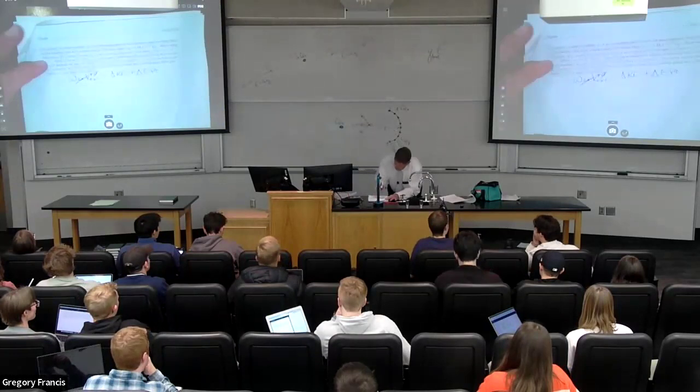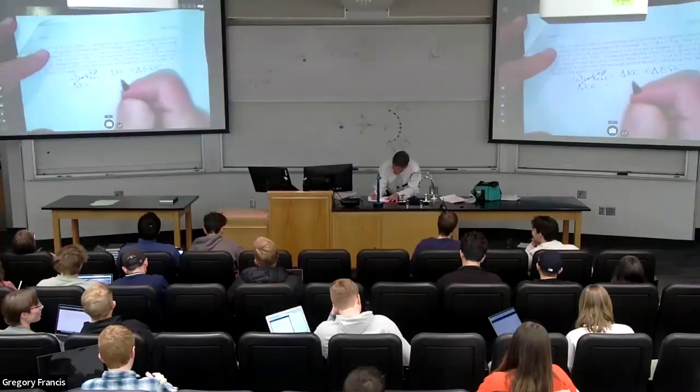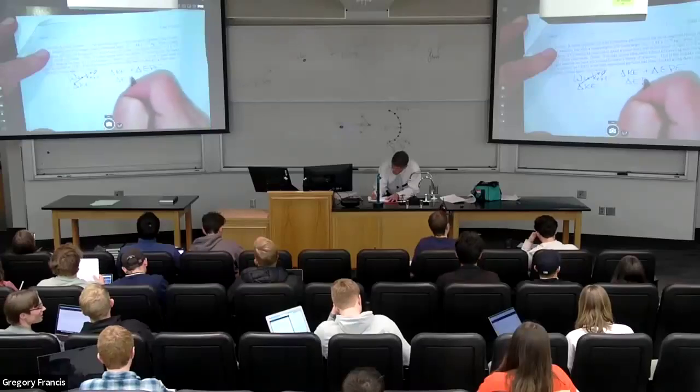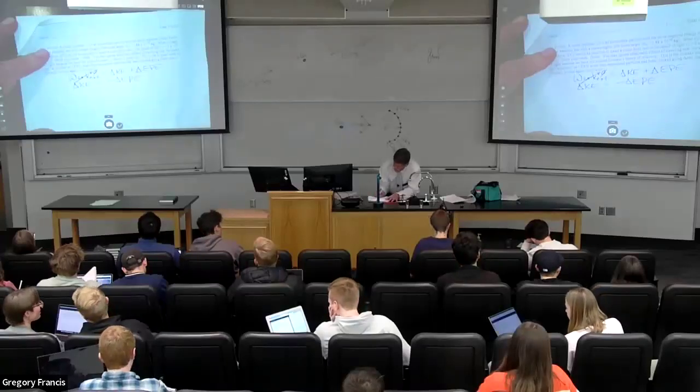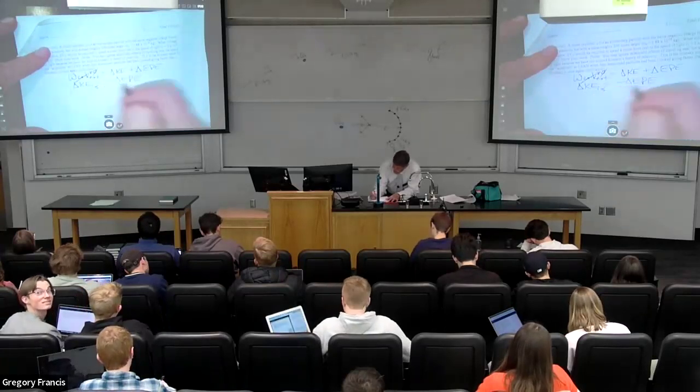Okay. So that means that the change in kinetic energy has to be the same as the change in electric potential energy, but with a minus sign in front. And so this is always initial to final.